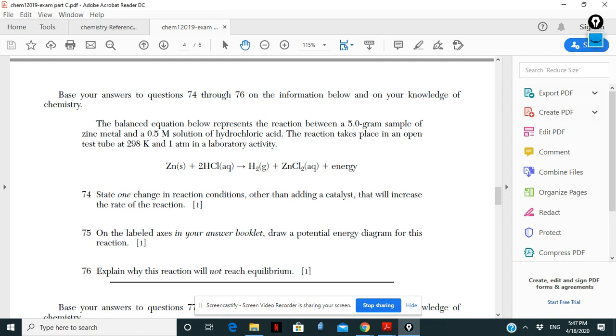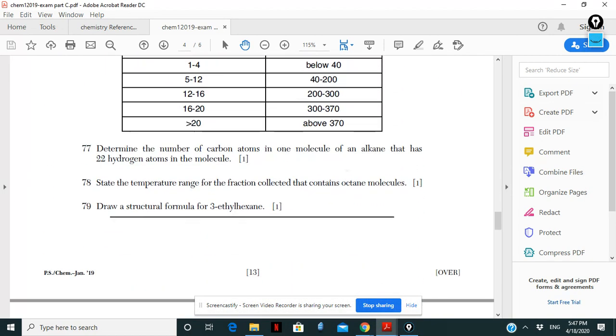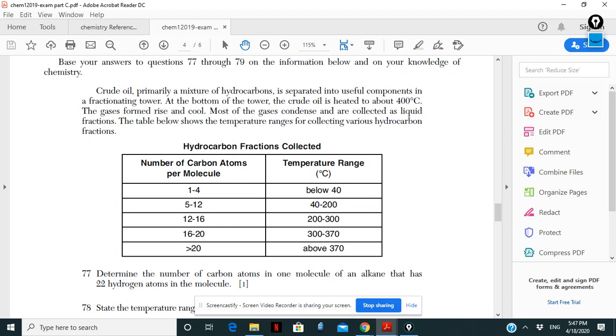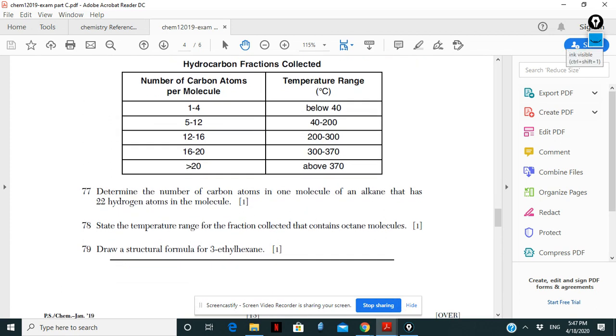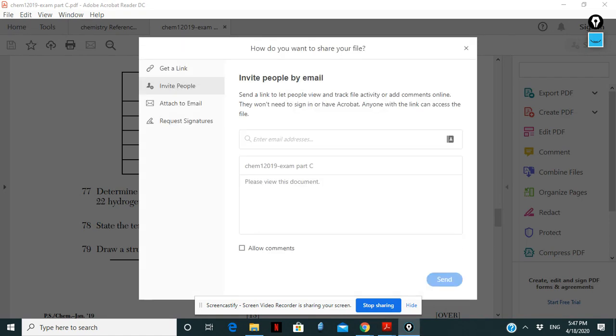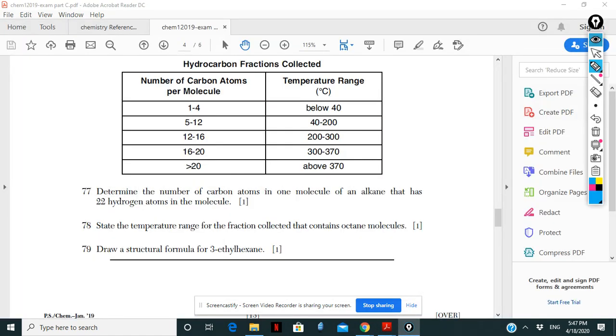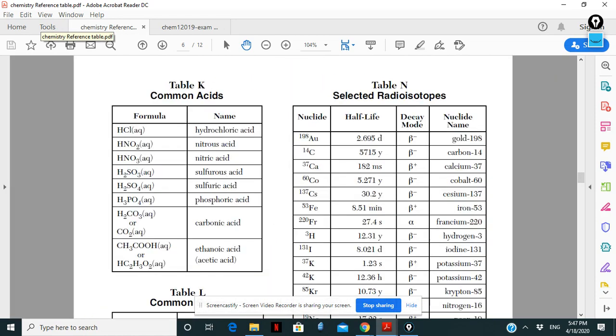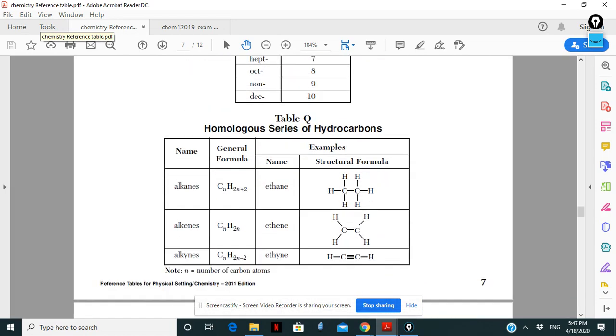Question number 77 through 79. Now, this is talking about crude oil, a primary mixture. Question 77: determine the number of carbon atoms in the alkane with 22 hydrogen. So I go to the reference sheet to get the formula for alkane.